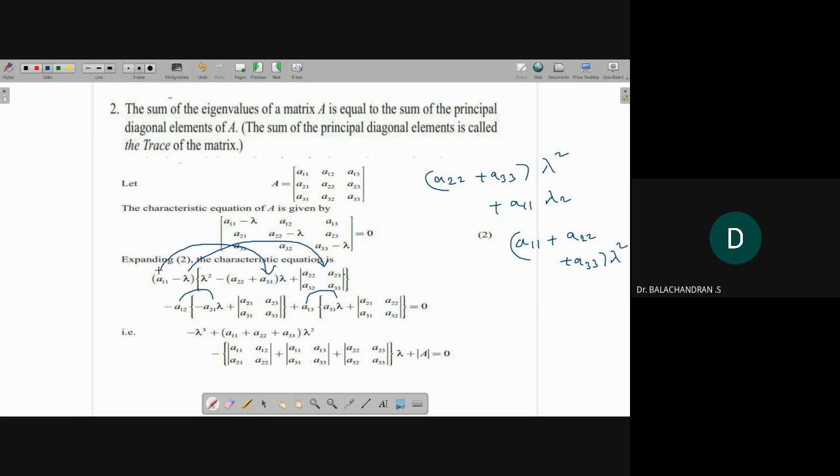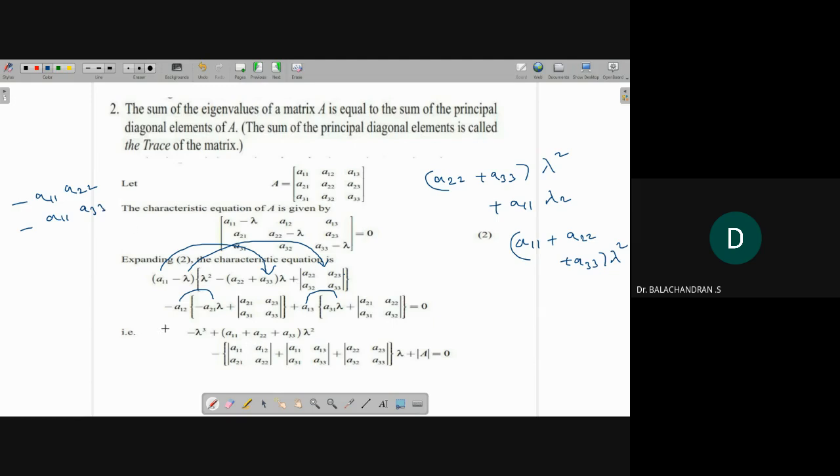If I multiply these two, what will you get? Please tell. A11 into, here you have minus, so minus A11 into A22, because you have minus, that's why minus, and then minus A11 into A33. So lambda is common.